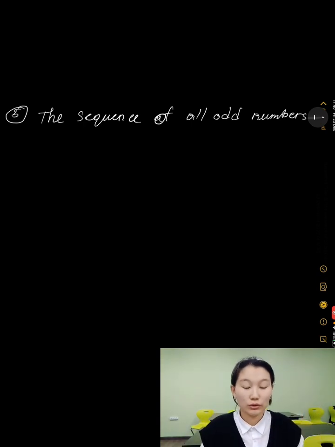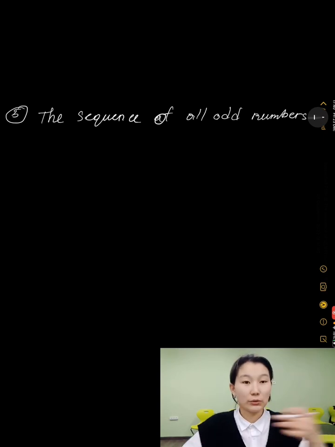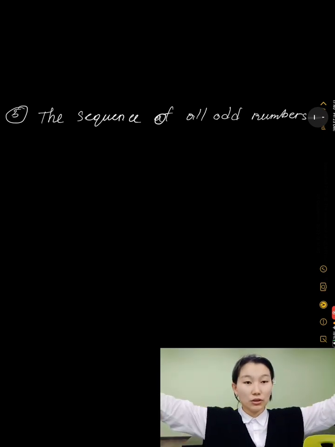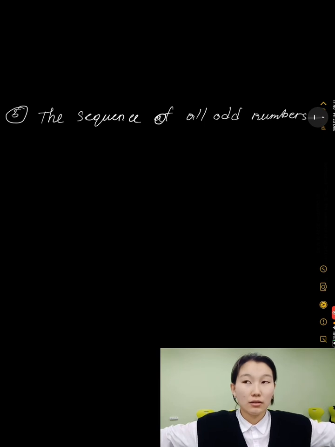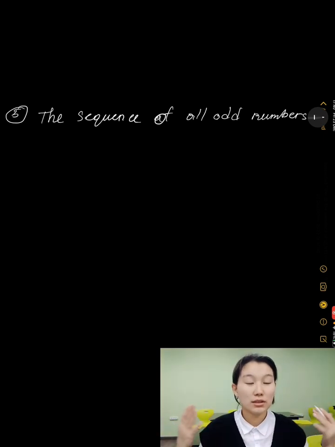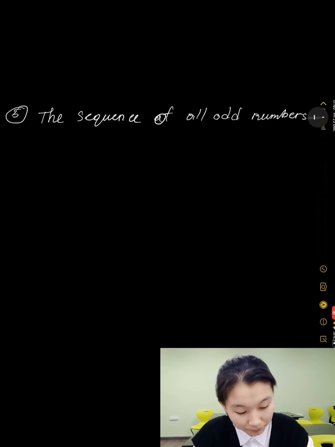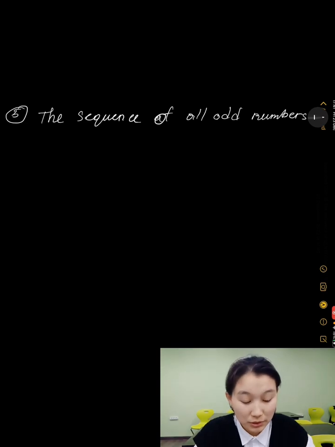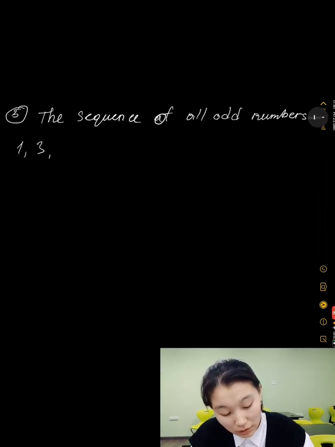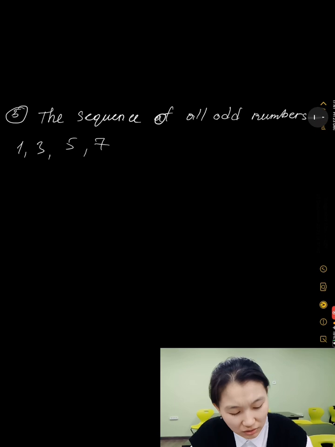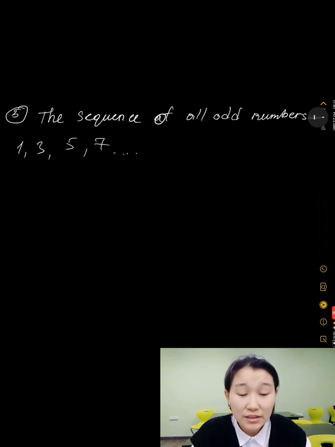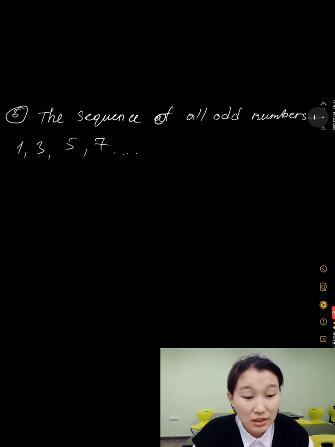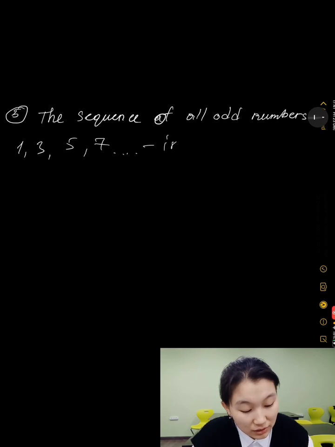Example, the sequence of all odd numbers: 1, 3, 5, 7, and so on. Since there are infinitely many numbers, the sequence is infinite.